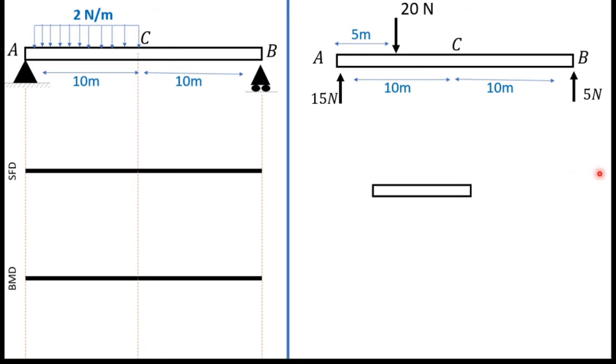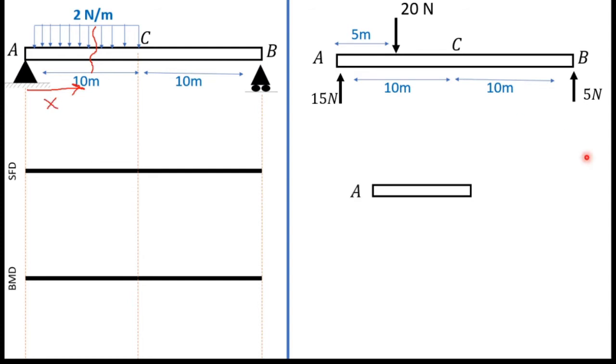Now I am going to draw shear force and bending moment diagram. For that I am going to cut this beam. I will cut this beam like this, so I can mark the distance as x.